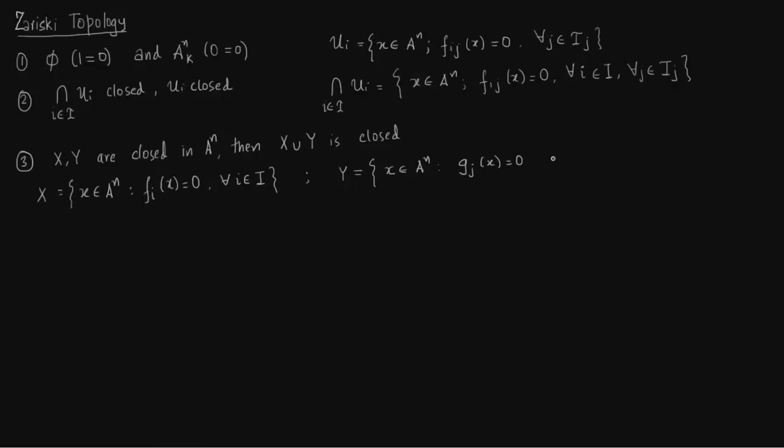These polynomials are given by g_j(x), and they vanish on the set Y, x an element of A^n.